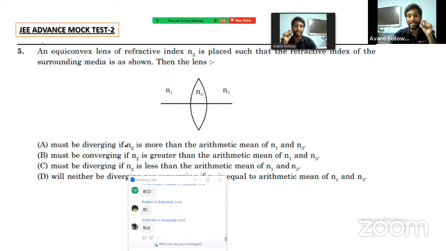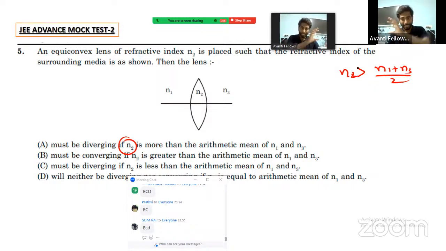First one, the lens will be diverging if N2 is more than the arithmetic mean of N1 and N3, means N2 is greater than (N1 plus N3) by 2. ये greater होता तो अगल बगल के surrounding medium से diverge कैसे करता भाई? मान लो ये 1.5 है, it is greater than 1.2, means it should be converging. Converge करना है, means first option तो गलत है. Right? First option is wrong.